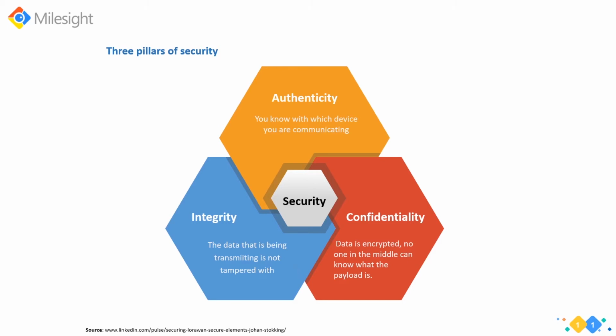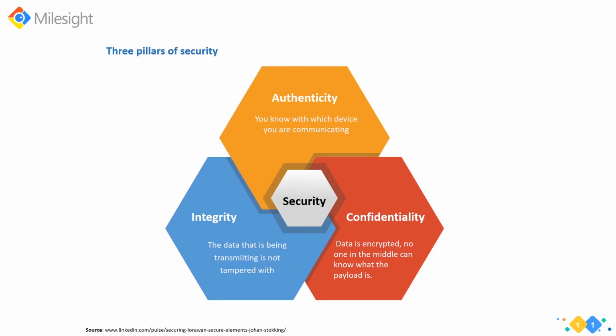That device is authenticated by your network. And integrity means that during data transmission, no one can tamper with or modify the data. So you know exactly who sent that message, and that message hasn't been modified by any intermediate party.